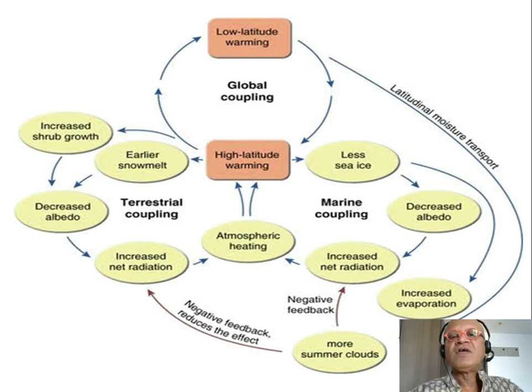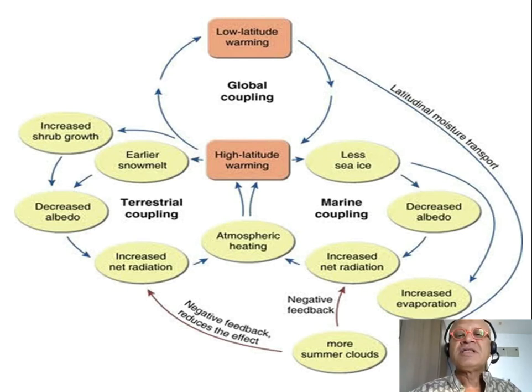Then low latitude warming is going to lead to high latitude warming eventually through various feedbacks like latitudinal moisture transport, which essentially means you're going to move more energy from low latitudes to high latitudes, and high latitude warming will in turn affect the low latitude warming by requiring less energy to be transported to the poles, for example.